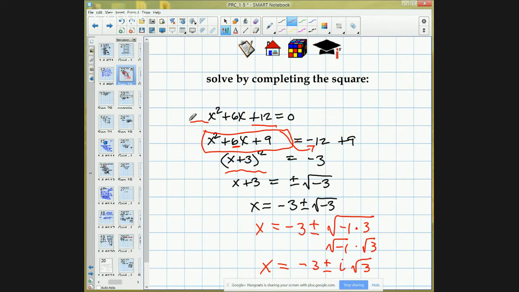So this is just kind of a review, but now I want to show you, when you do get a negative under the root, remember yesterday we talked about the discriminant in the quadratic? When that b squared minus 4ac was negative, we used to say, whoop, no real answers, we'd stop. Now we can proceed.